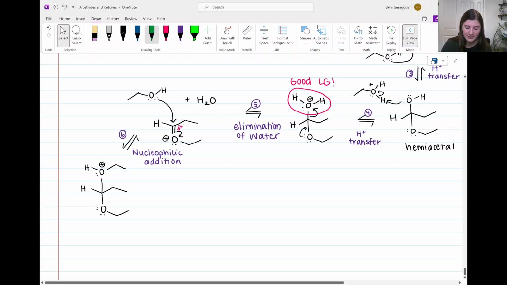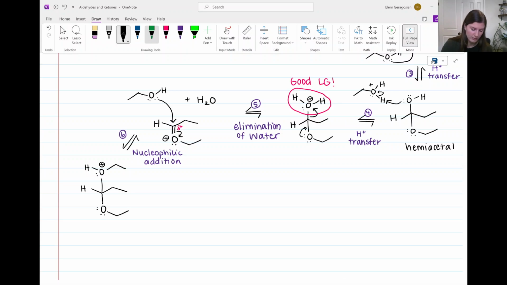So we're almost done here. Our last step is to deprotonate that oxygen. So step 7 is a proton transfer.